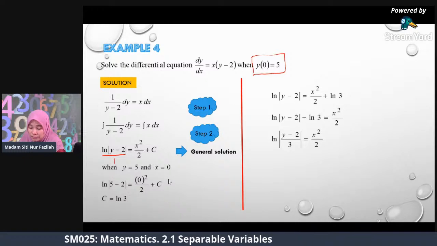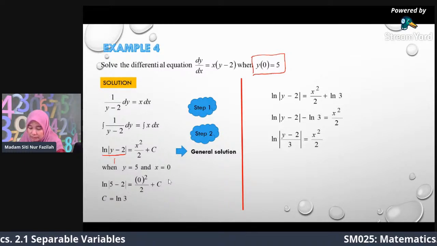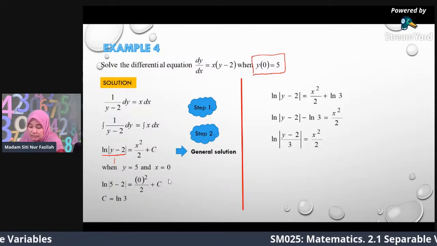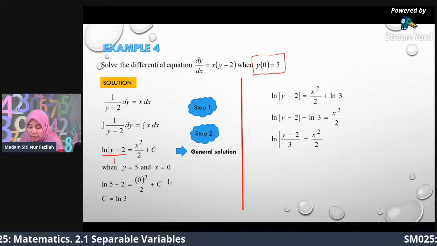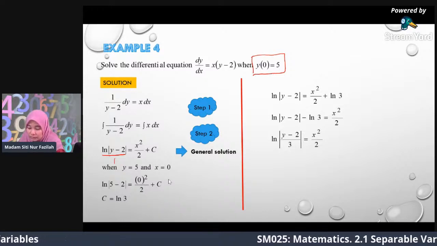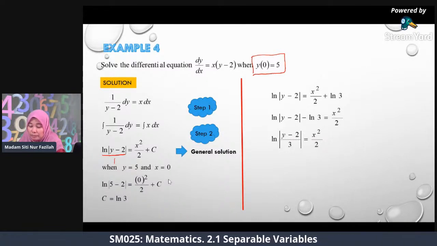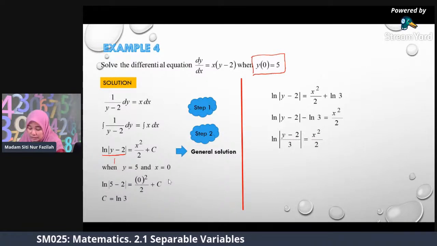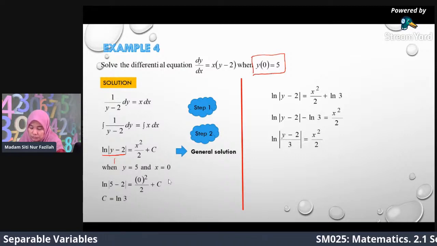We bring ln 3 to the left side, because of the properties of ln: ln absolute value of y minus 2 minus ln 3 equals x squared over 2. Using the properties of ln, we get ln absolute value of (y minus 2) over 3 equals x squared over 2.